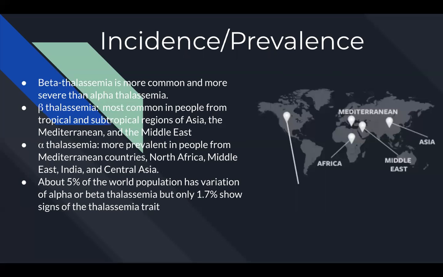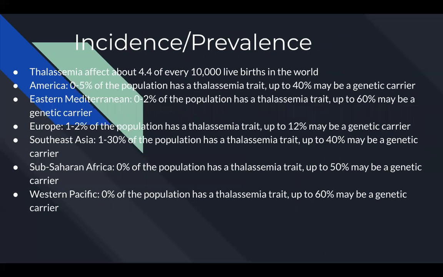Alpha thalassemia is more prevalent in people from Mediterranean countries like North Africa, Middle East, and India, and also Central Asia. It says that about 5% of the world population has a variation of the alpha or the beta thalassemia, but only 1.7% show signs of the thalassemia trait. Next, please.